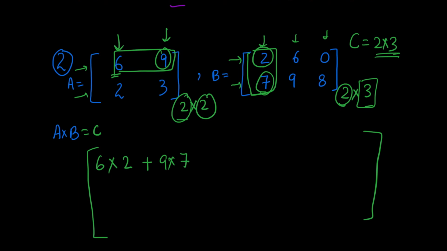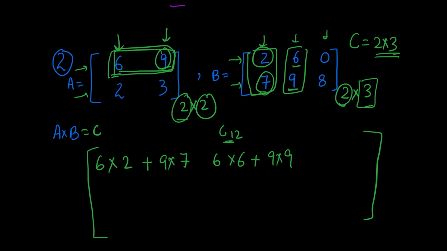That's it. Let's do the second column, that means C12. C12 is again first row and second column. So this becomes 6 times 6 plus 9 times 9.